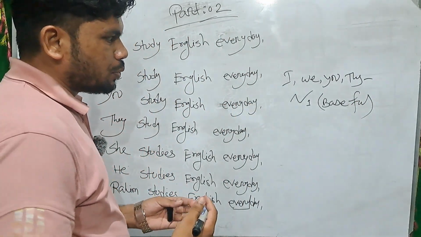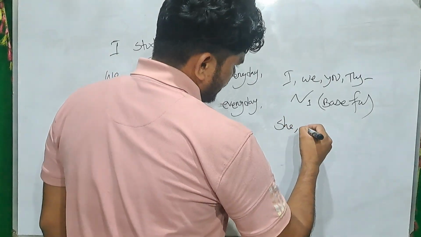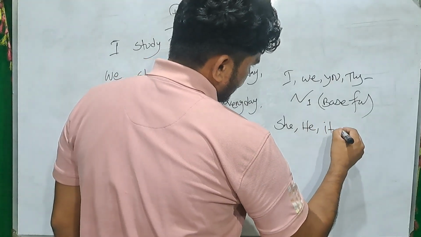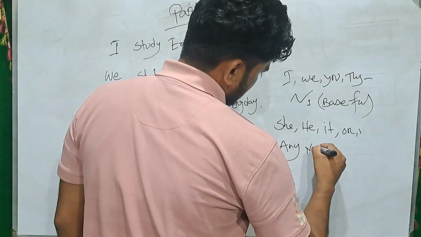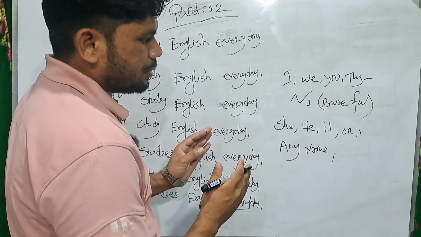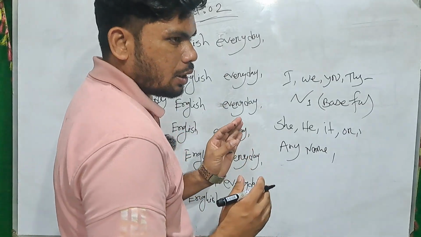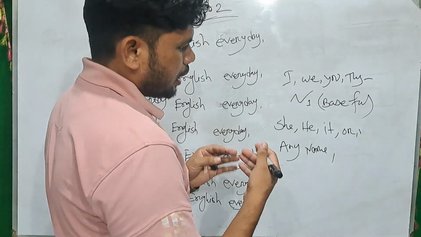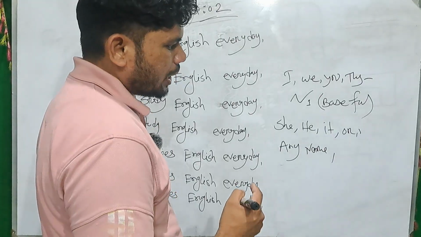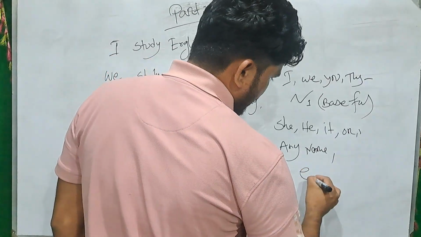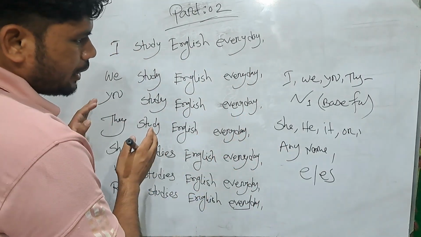But when you want to use as a subject third person singular number, I mean she, he, it, or any name, then this subject demands that definitely you have to use at the end of the verb s or es, s or es. So now I will explain everything step by step.